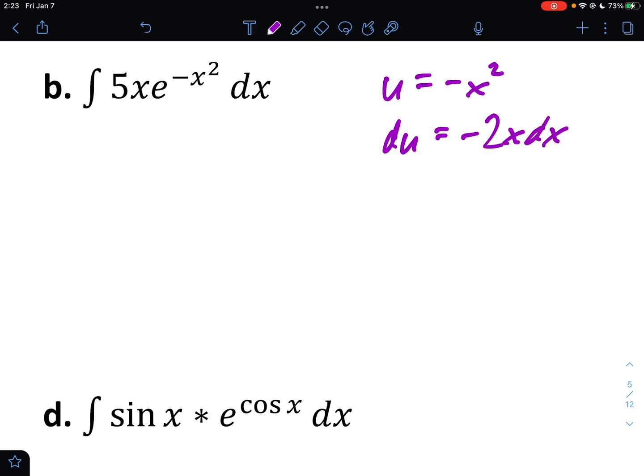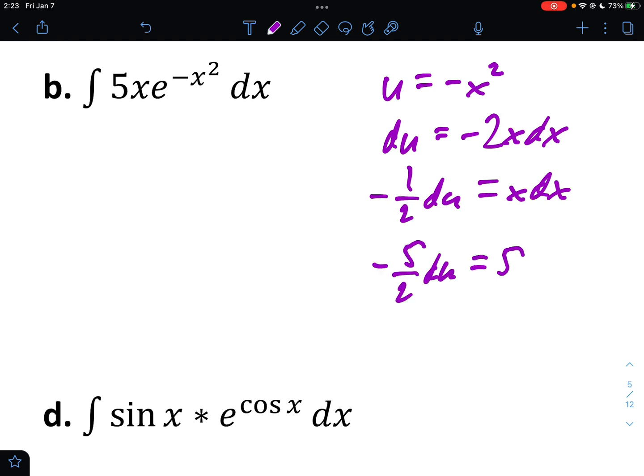But we want a positive 5x. All right, so if I divide both sides by negative 2, and then if we multiply both sides by 5, I can substitute in negative 5 halves du, all for 5x dx.